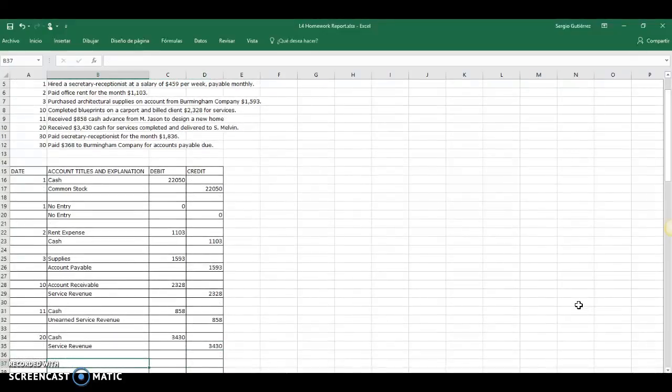On day 30, we have to pay the secretary receptionist for the month, $1,836. So they paid.